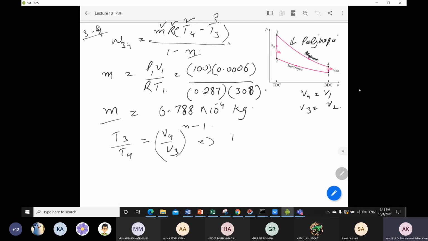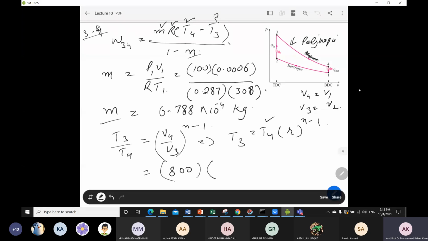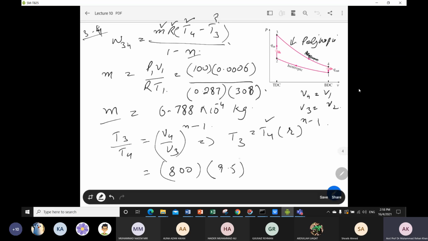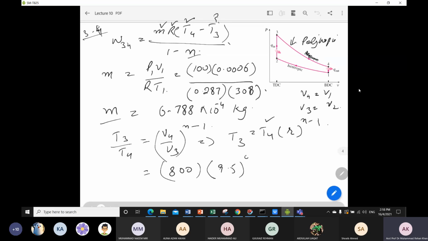So from there you can easily say that T3 is equal to T4 times r to the n minus 1. T4 value is known to you from the problem statement, so it is 800 Kelvin. R value is also mentioned in your question, which is 9.5. n value is also there. So you can just say 1.35 minus 1 is equal to 0.35, and you can just solve it and you will get 1759 Kelvin of temperature at point number 3.